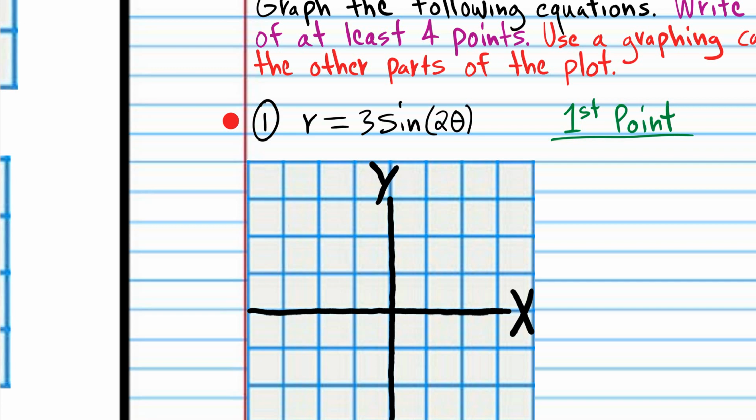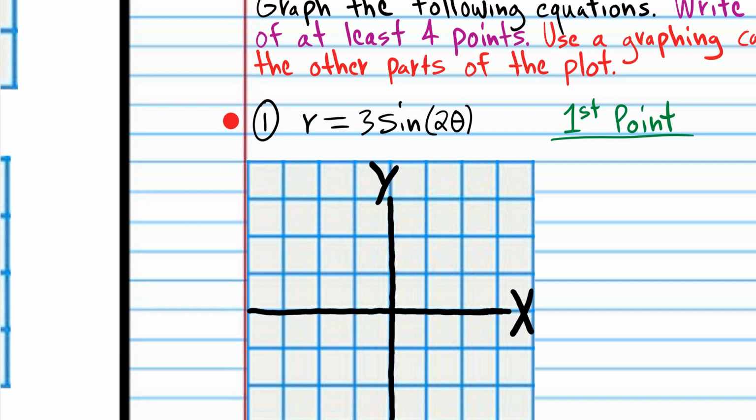Now, if for some reason you don't see it, then you need to adjust the window. And it takes a while to get used to how to do this, so don't get frustrated. If you're only seeing part of the graph, then that means you need to change your theta minimum and theta maximum values. If your theta range is not big enough, then your calculator is only going to graph part of the picture.